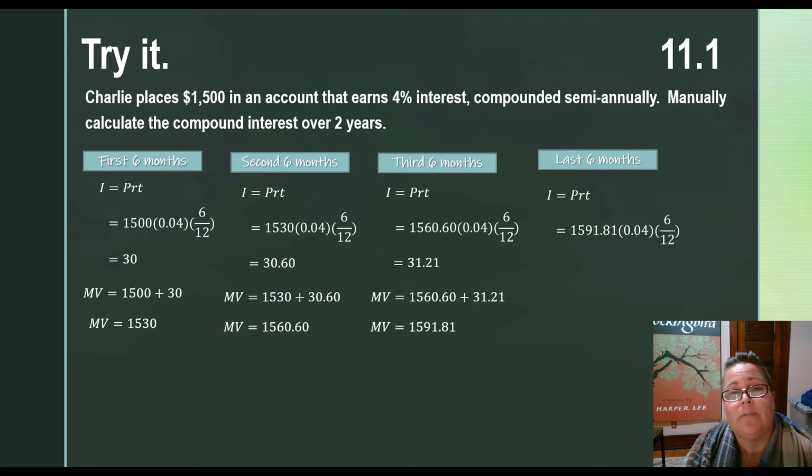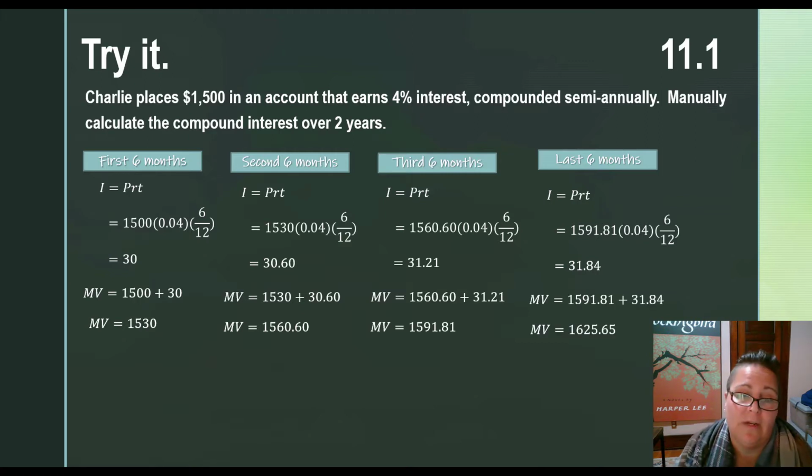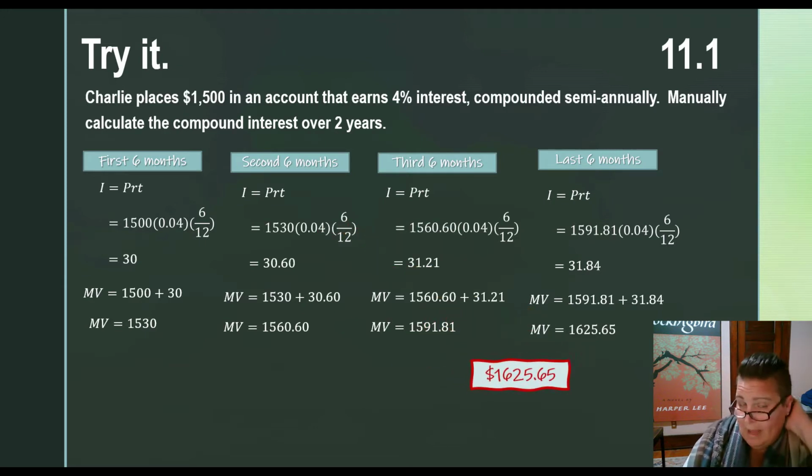During our last 6 months, we'll use that $1,591.81 as our principal. We'll use that at 4% interest for the remaining 6 months, which gives us $31.84. Again, slightly more than the last bit of interest. This gives us a maturity value of $1,625.65. So when we compounded the interest, we got a maturity value of $1,625.65.